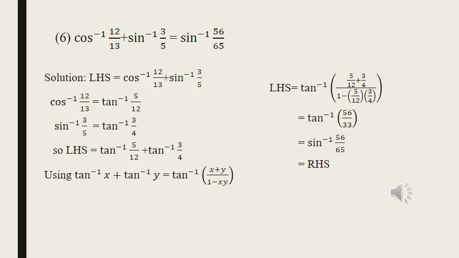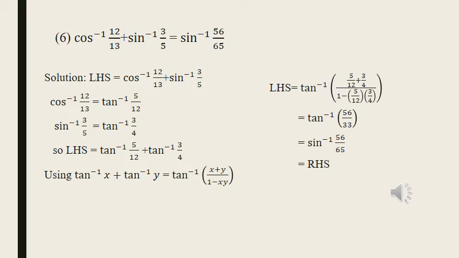Now we apply the property tan inverse x plus tan inverse y equal to tan inverse of x plus y by 1 minus xy. Children, do you observe the xy part? x is 5 by 12, y is 3 by 4. Its product is 15 by 48, isn't it?